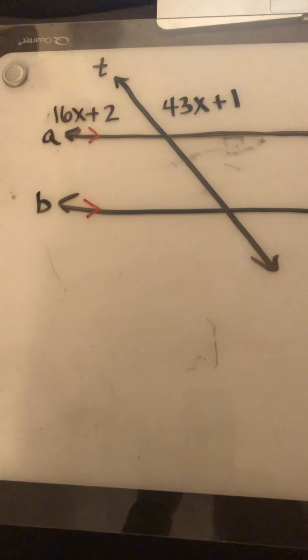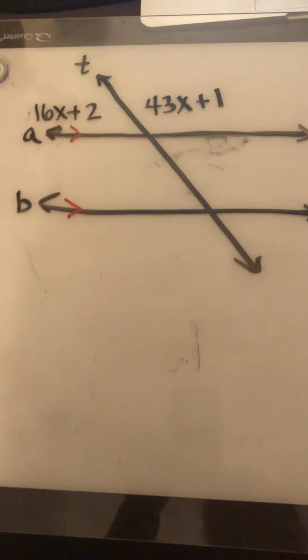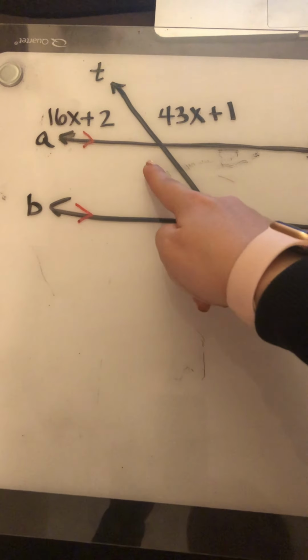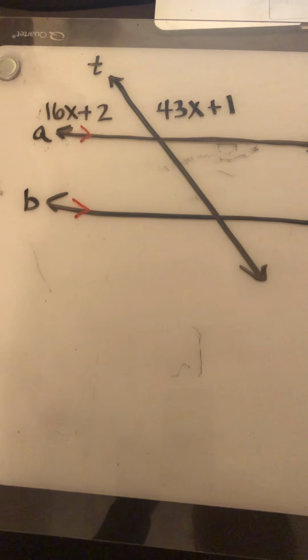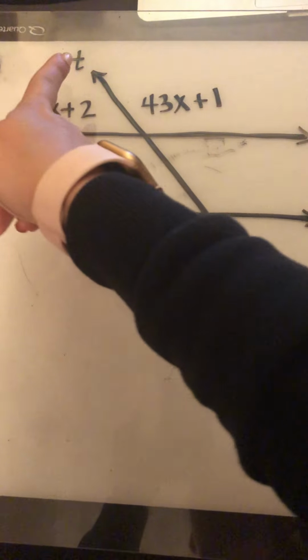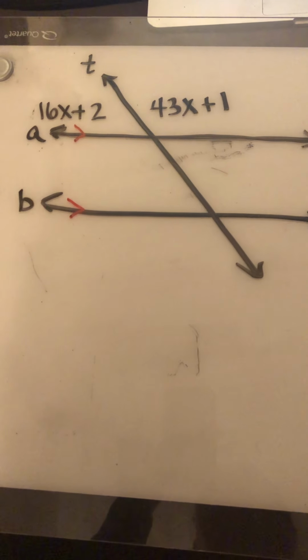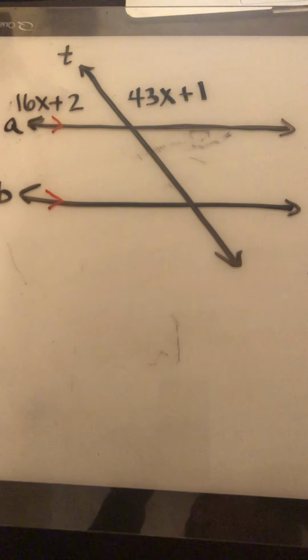We didn't even talk about perpendicular lines. So for those of you that picked perpendicular, I was a little concerned because we hadn't even discussed that. These are going to be your parallel lines, and that's how these different angle relationships that we've explored are formed. When this line, that's usually labeled with a T, T is for transversal, cuts through them. Okay, so just a little heads up on that.